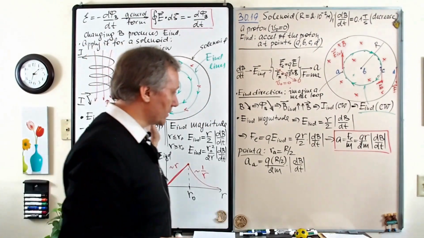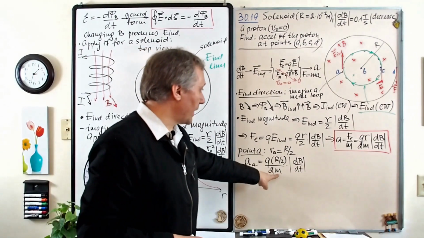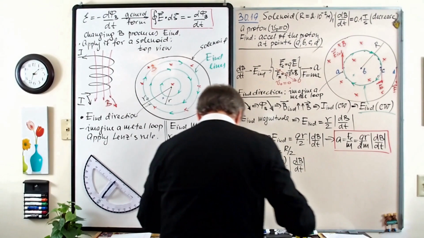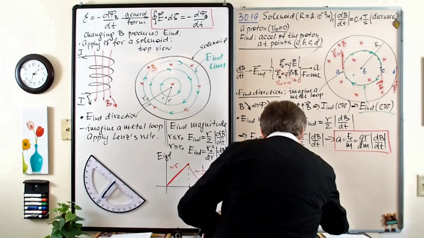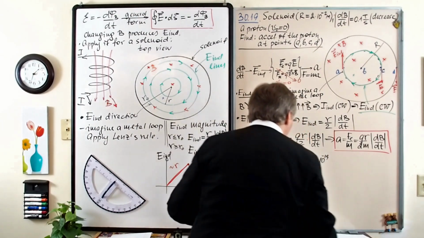Now we can just calculate it. Maybe I will write these numbers and drop the units. The charge of the proton is the charge of the electron, but with plus.